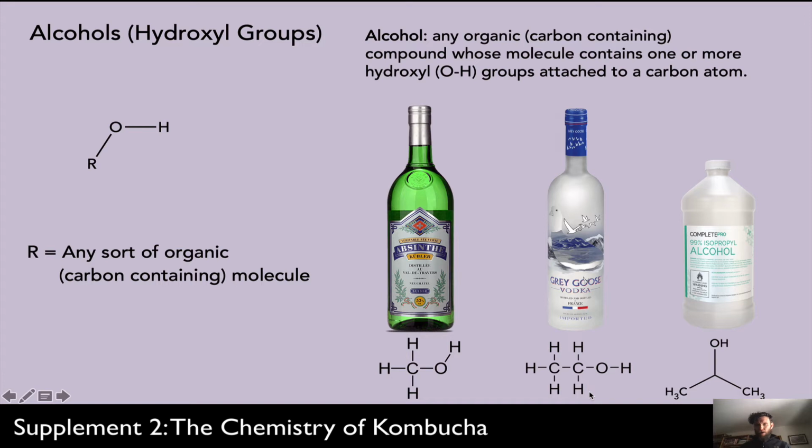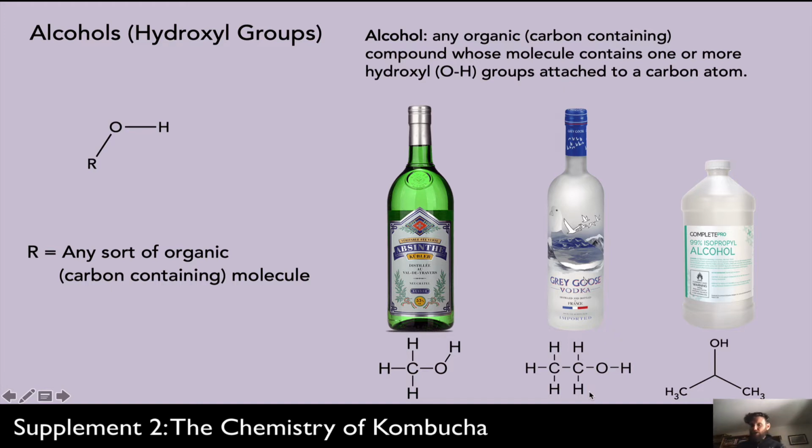Regular drinking alcohol, ethanol, that would be in any other kind of alcoholic beverage, is like ethane, a two-carbon chain, with one of the hydrogens on that carbon chain replaced by the alcohol group. So that's ethanol there, CH3CH2OH.